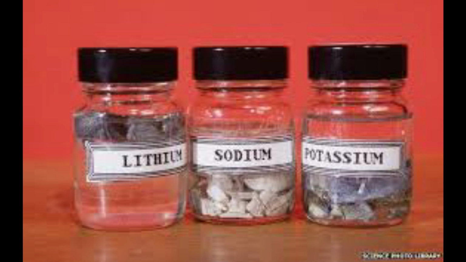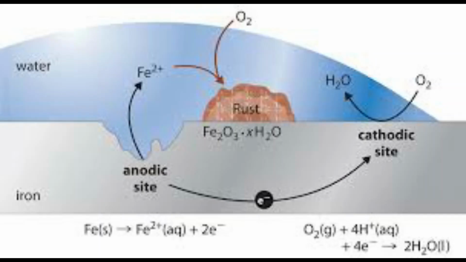Now we are going to the next part of the lesson, chemical properties of metals and non-metals. In that we first learn the reaction with oxygen. You are familiar with the phenomenon of rusting of iron. When an iron nail is placed in a moist atmosphere, you can see that the metal gets corroded.